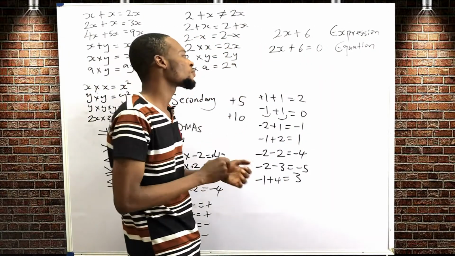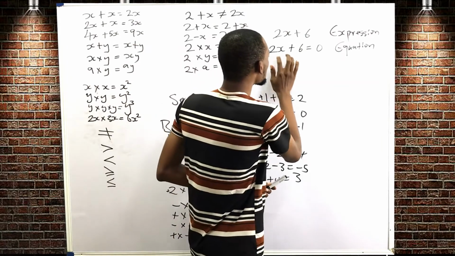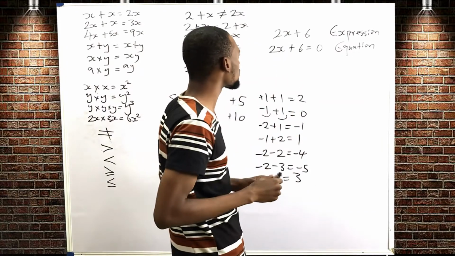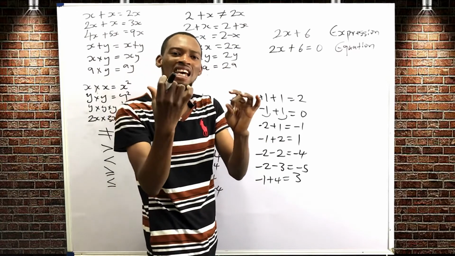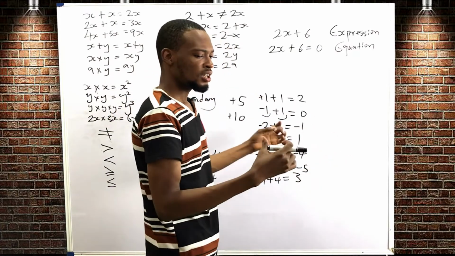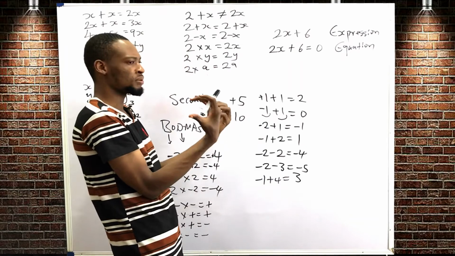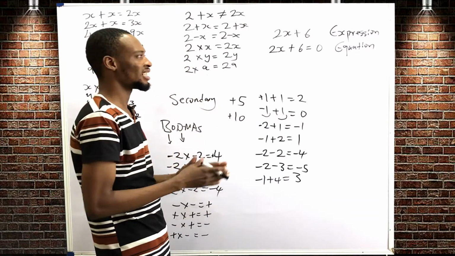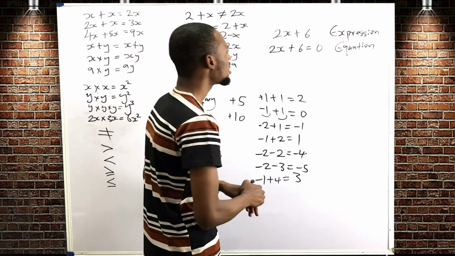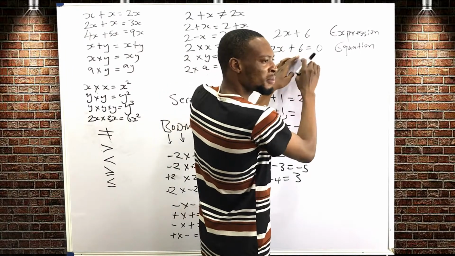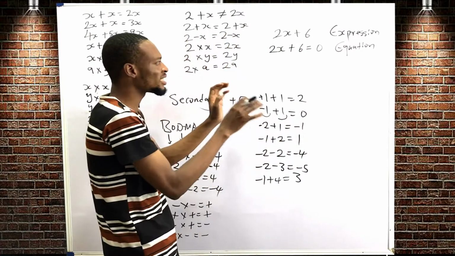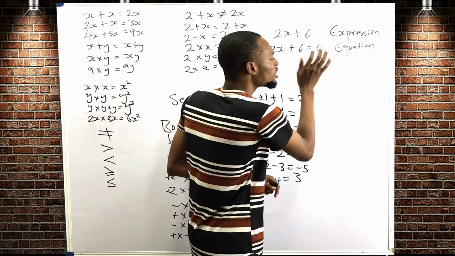Look at this rule. If I give you 2s plus 6, it equals 0. There is something called like terms. Bringing together terms that are similar, that are alike. Now, this one carries alphabets. They are together. This one is just a number. They are not the same. Then 0 is a number.